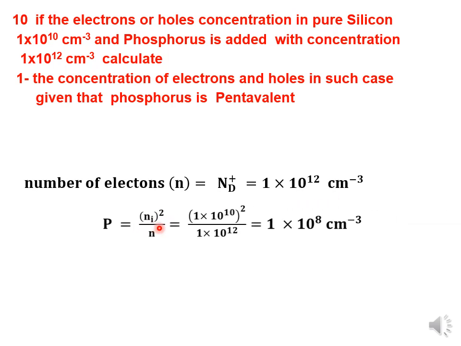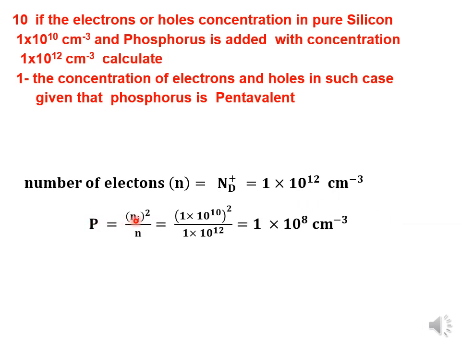يبقى concentration of holes equal Ni square divided by n. Ni square اللي هي concentration of electrons and holes in pure semiconductor. Okay.